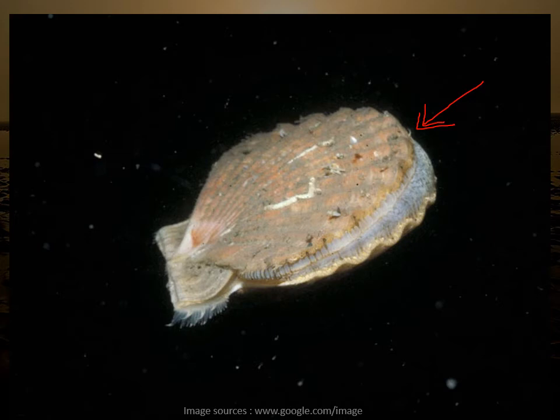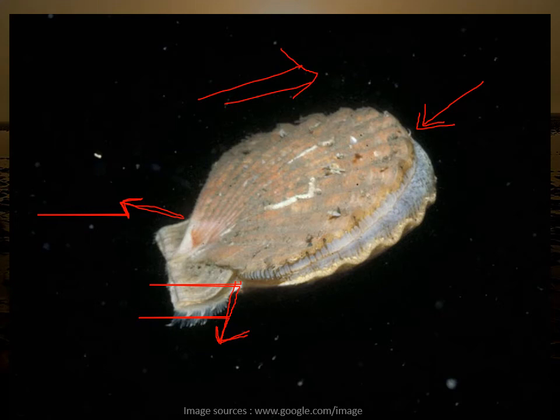Then it expels the water at the side, from these two auricles. With high speed, they expel the water along the auricles into the external water body, so that creates a jet by which the bivalve moves in this direction.